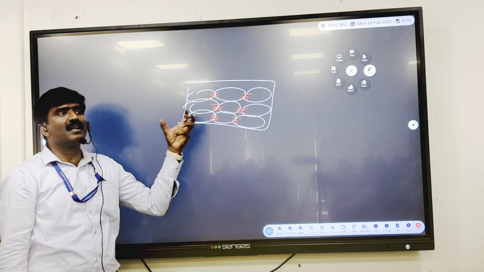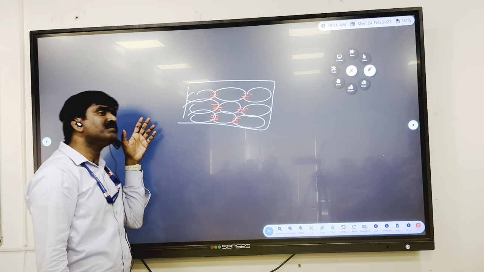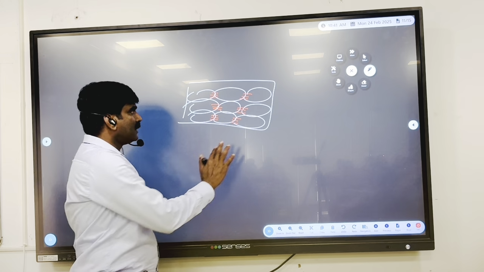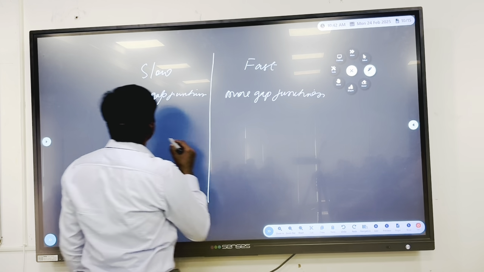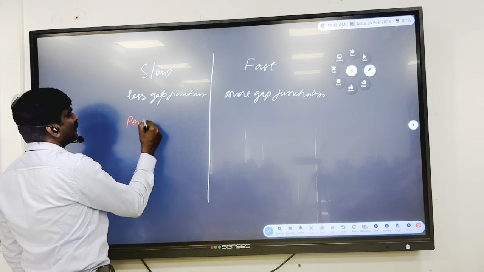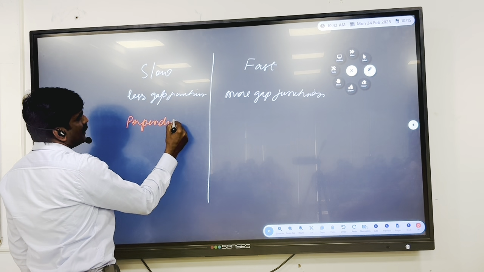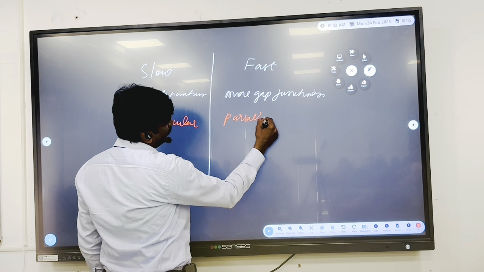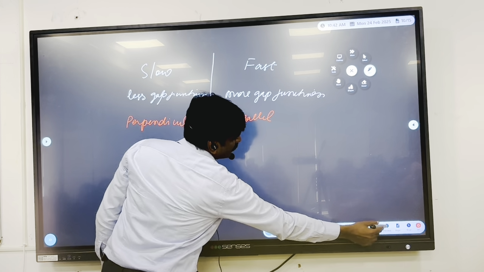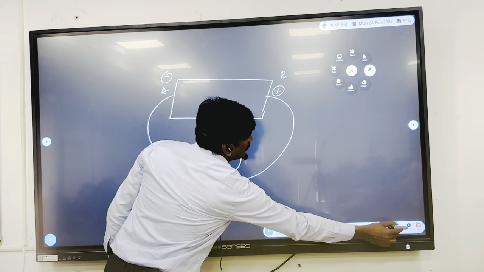So the current moves fast, right? Second, the cells are arranged perpendicular here, and here the cells are arranged parallel, right? So what does it mean?